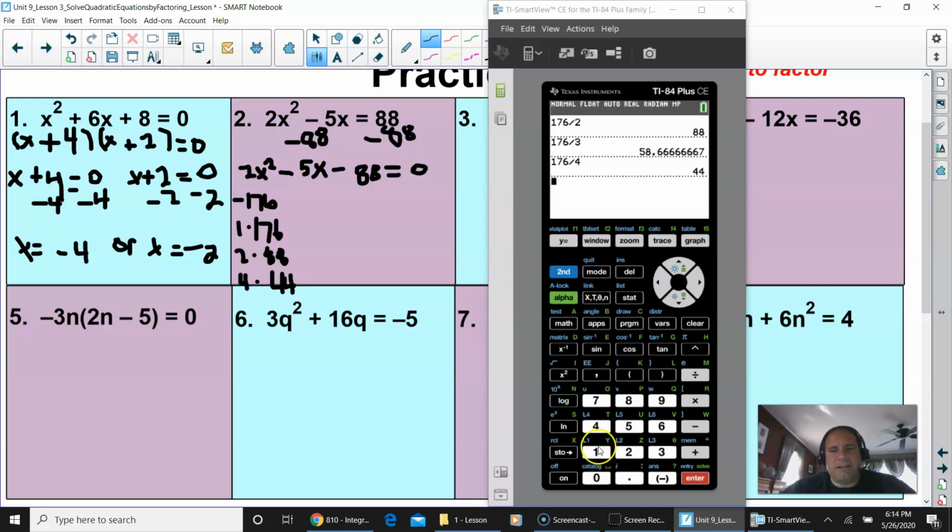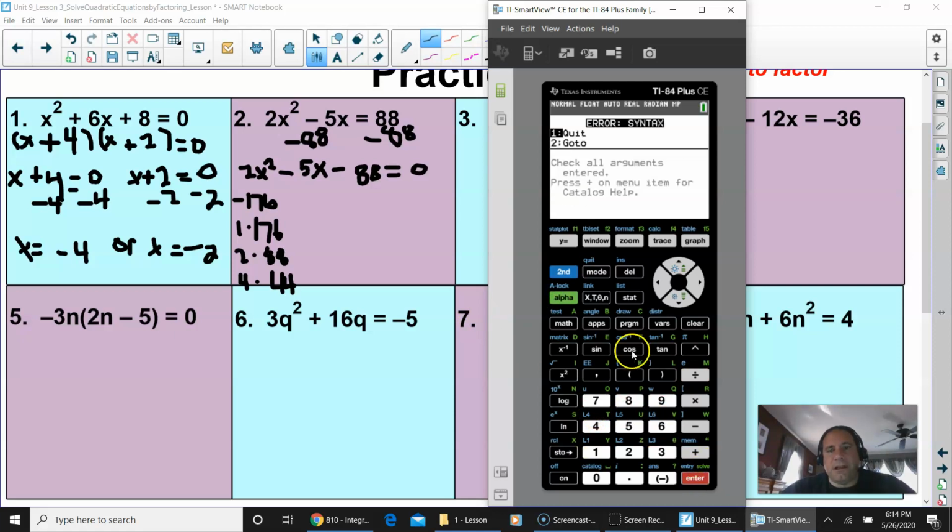So I know 5 doesn't go in. So let's see, 176 divided by 6. No good. 176 divided by 7. I pressed divide twice.